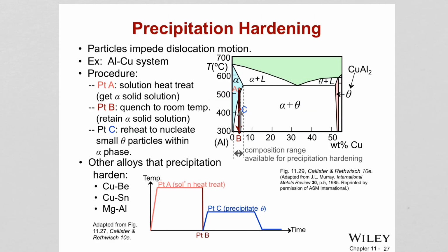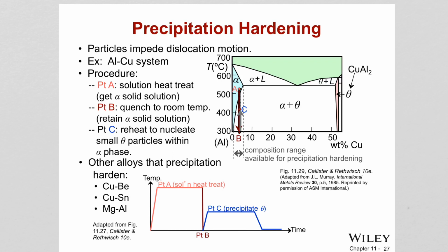Okay, precipitation hardening is one of the techniques that we use to increase the strength of materials. You can add this technique to the things we have learned in the strengthening of materials, such as solid solution hardening, cold working, work hardening, strain hardening.